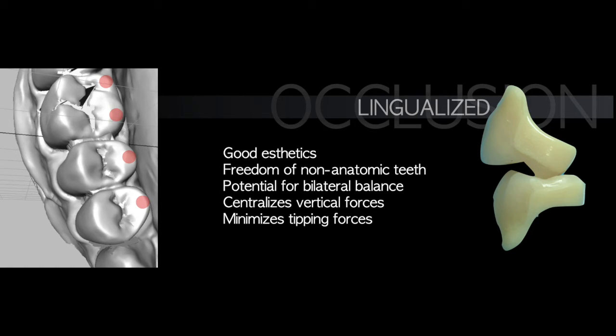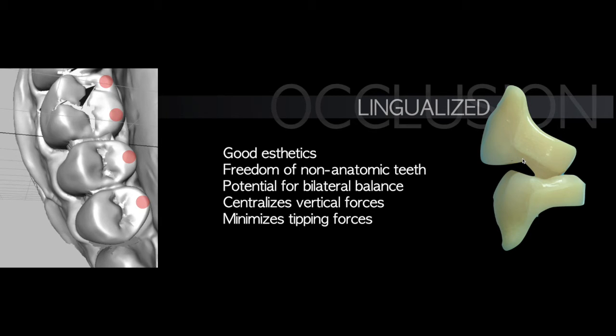It does have some advantages. It provides good esthetics because the maxillary teeth are fully anatomical teeth, as close as natural dentition. So it's good esthetics compared to monoplane teeth.